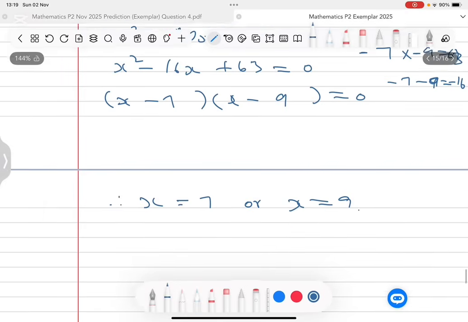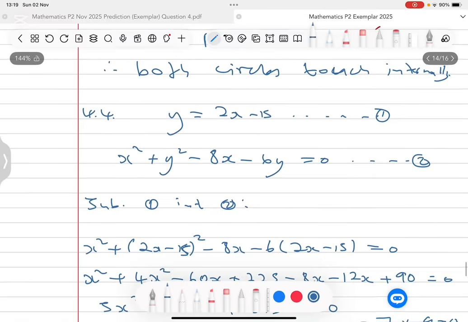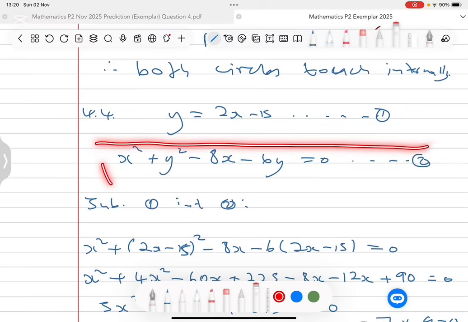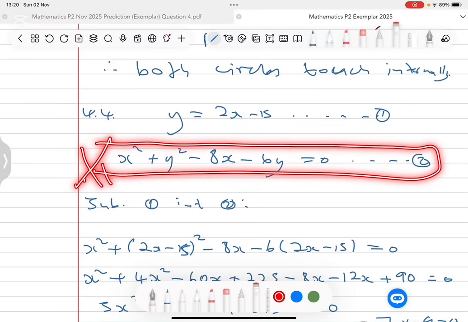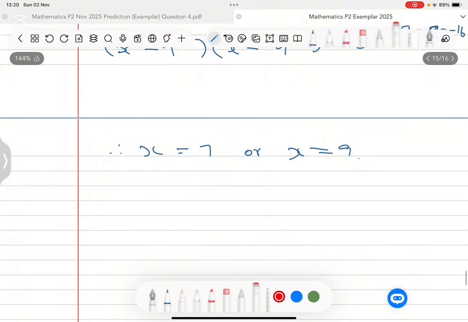So now, for me to find the coordinates, I need to take one of the equations here, either this or that, and put the 9 in terms of x to find the y. I'm not going to use this equation because it's long. We have done a lot here. It's easier to use this equation to find the value of y.